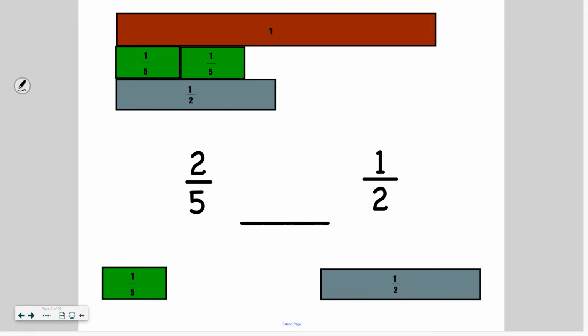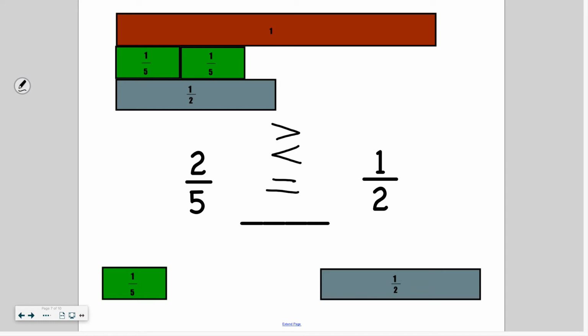So that means that 2/5, well, how would I phrase this? What would my sentence be? 2/5 is what compared to 1/2? Is it greater than, less than, or equal to 1/2? It's less than. 2/5 is less than 1/2. So what symbol would I use?